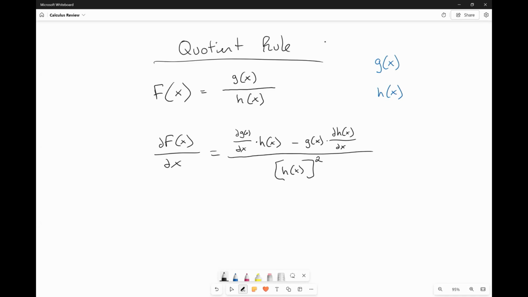This is definitely kind of the biggest and most complicated of the derivative rules, but again, you follow the same structure. You just look at the original equation, figure out what g of x is, figure out what h of x is, and then just follow the formula.